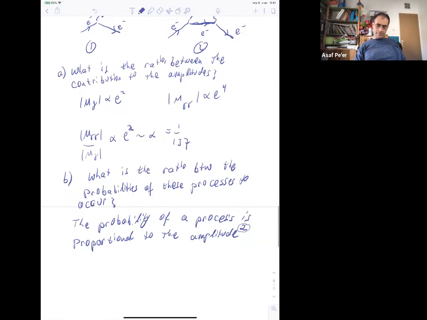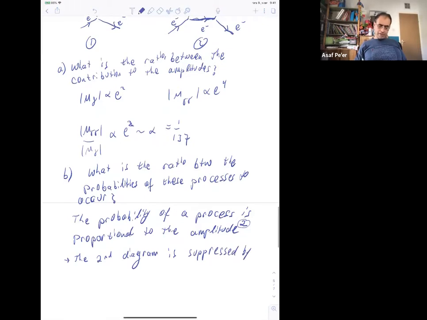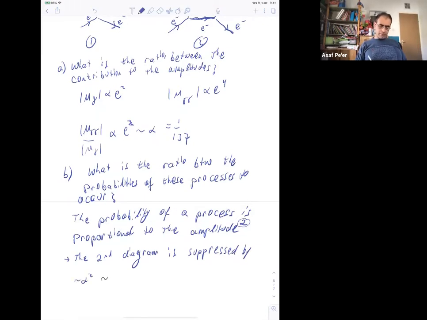The second diagram is suppressed by a factor alpha squared, which is about 10 to the minus 4. So your theoretical prediction would miss at the level of 10 to the minus 4. Then you have to add up the correction of the second diagram.